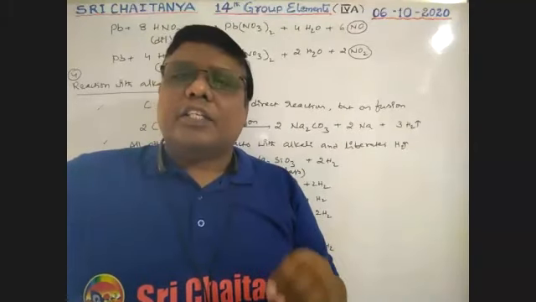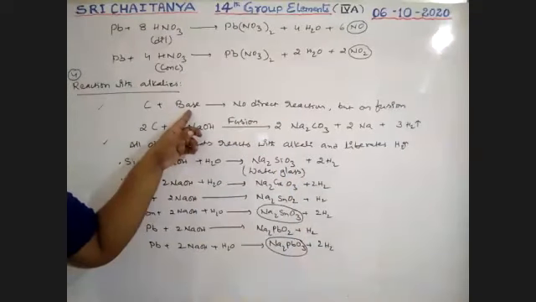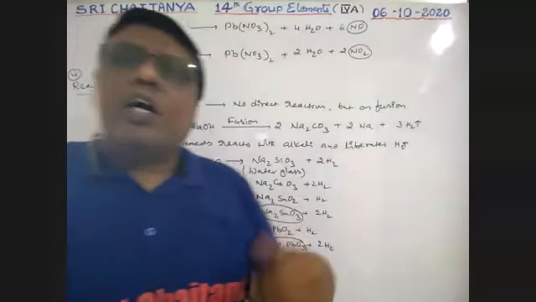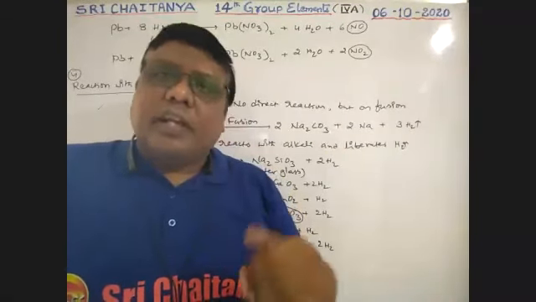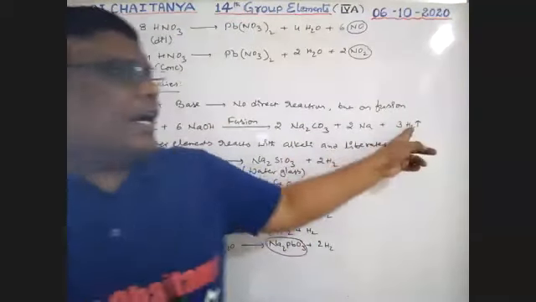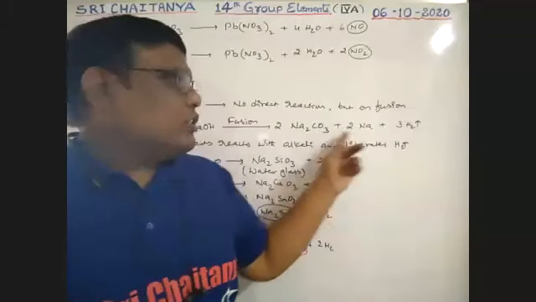So carbon with a base, that is an alkali, has no direct reaction, but on fusion, meaning heating, it reacts with NaOH and liberates hydrogen gas along with Na2CO3 and Na.